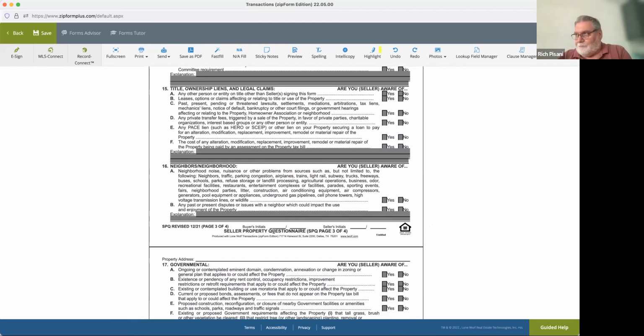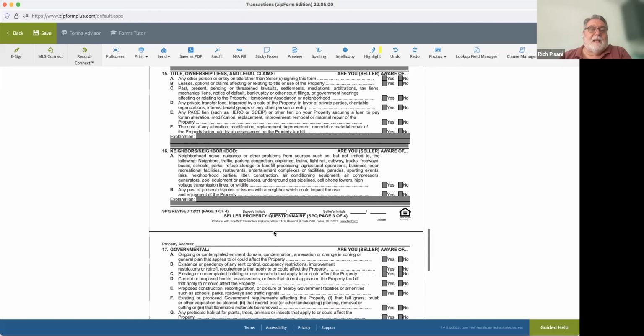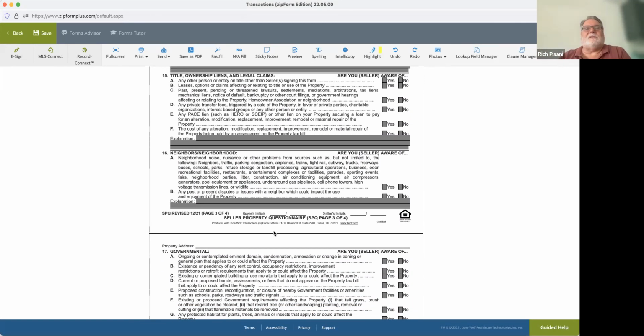So it's very important, because somebody told me about a situation where the person was selling their house because the neighbor across the street was shining the brightest light onto their house, just because they didn't like each other, and so that needs to be disclosed.